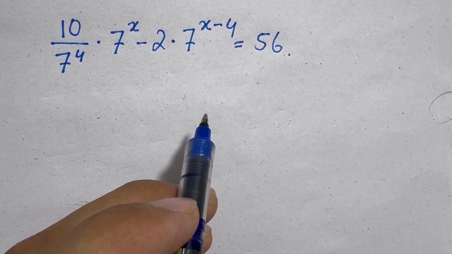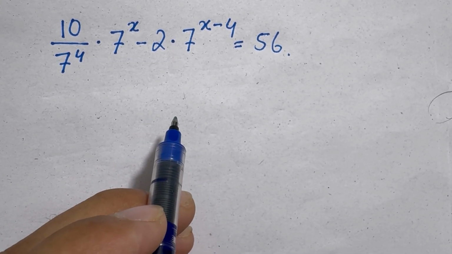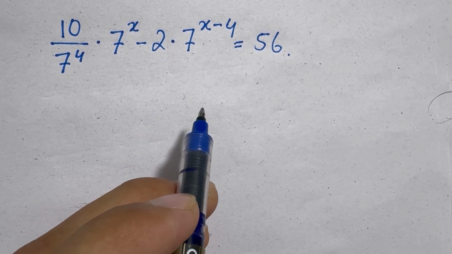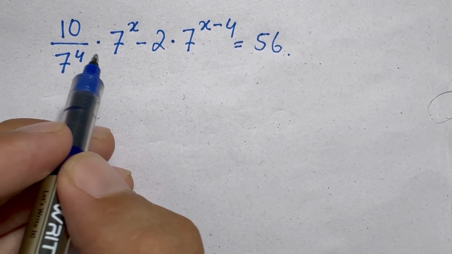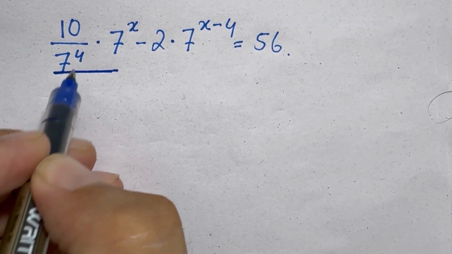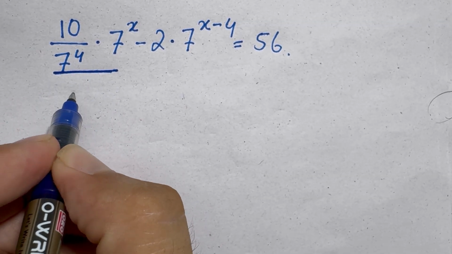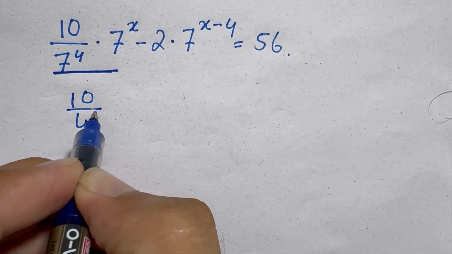So in step 1, first look at this monster fraction with powers and subtraction. Scary, right? But wait, there is a pattern. So I can simplify this term, 10 divided by 7 power 4.